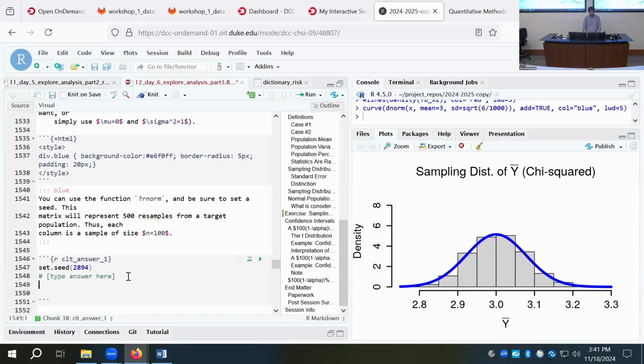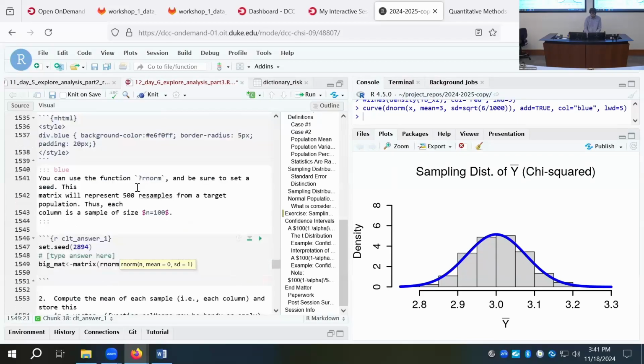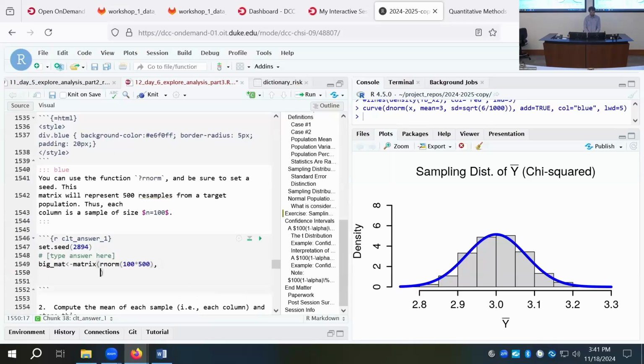So what I'm going to do is say big mat, matrix, rnorm, 500 times 100. Anybody have a mean they want to use? 31. Okay.